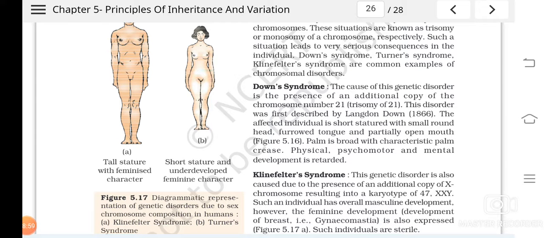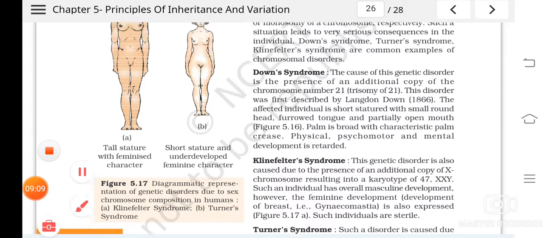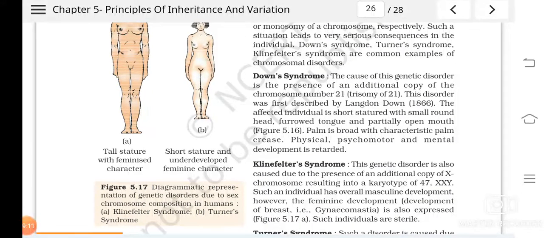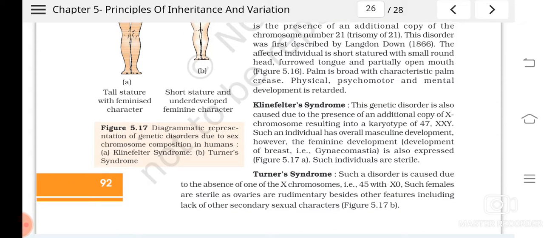Palm crease means in the palms you can see some lines, isn't it? So these are the symptoms of Down syndrome. Then next, what is the condition here? 2n plus 1, that is total there will be 47 chromosomes, and it is also known as trisomy of 21.